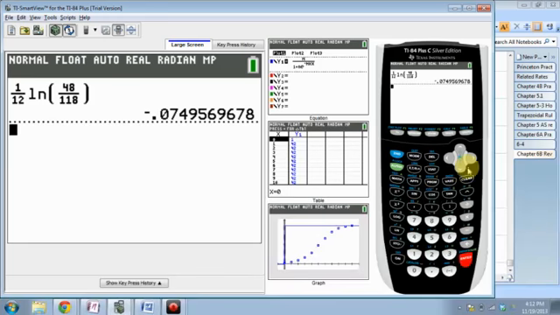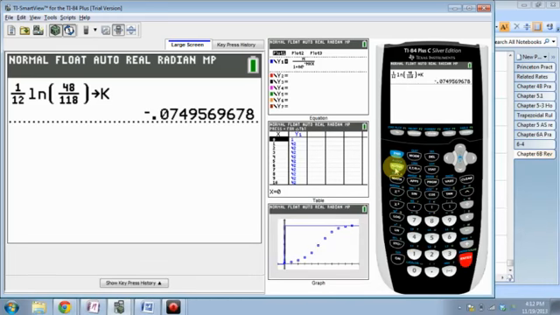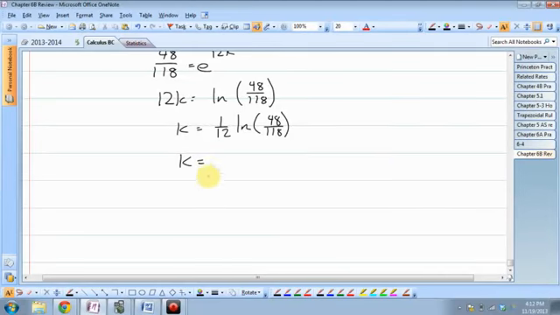And let's store that as k. So k equals negative 0.0749. Great, and I have that stored in my calculator already, so I'm ready to use that for part B.